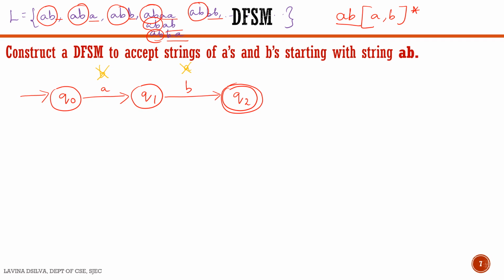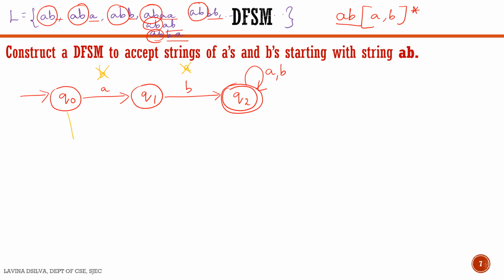Whereas in the state Q2, that is, once we have seen A and B, we can have any number of A's and B's. So what do we do for these two symbols here? We define a new state which is called the trap state.